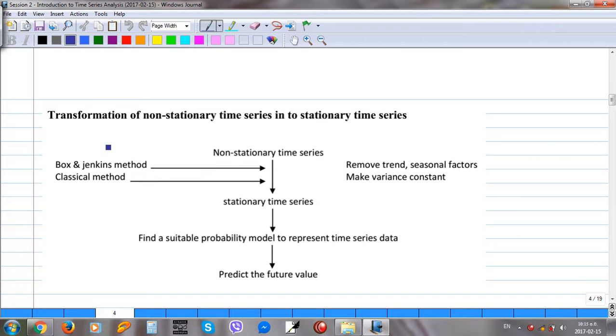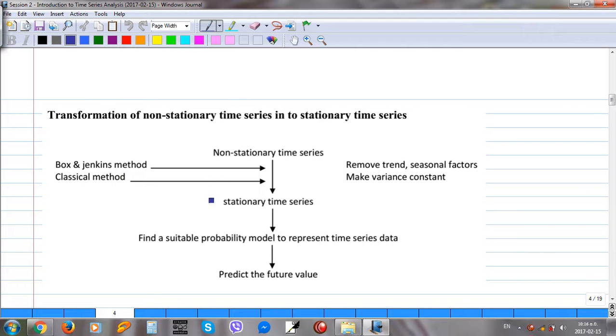And transformation of a non-stationary time series into a stationary time series. If you observe a non-stationary time series, it means there are trends, seasonal factors or other variations. First you have to remove those variations by using Box-Jenkins methods or the classical methods.